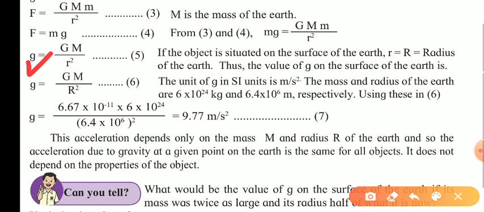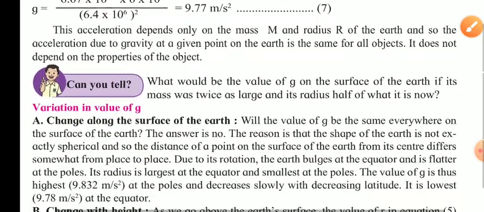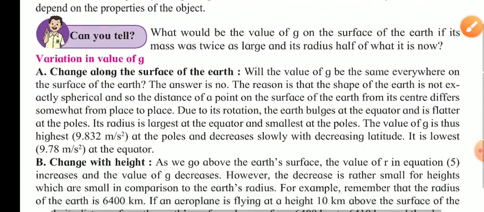When we substitute the standard values for G, capital M and r, on calculation we get 9.77 meter per second square. This is the value of g for the Earth, the average calculation which gives the value for g.